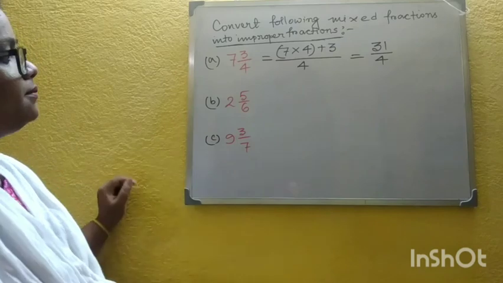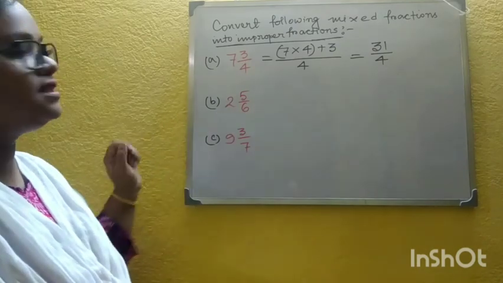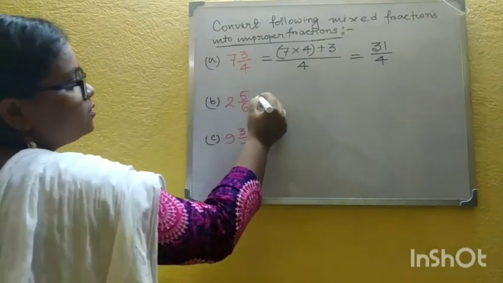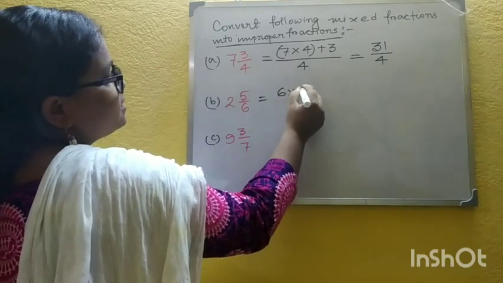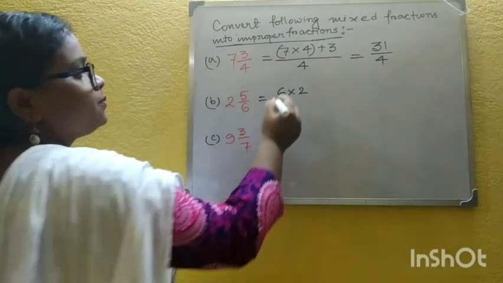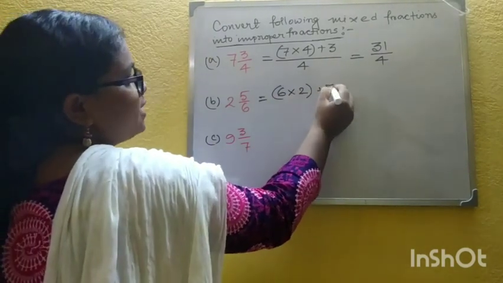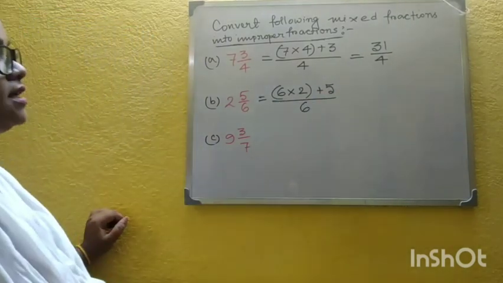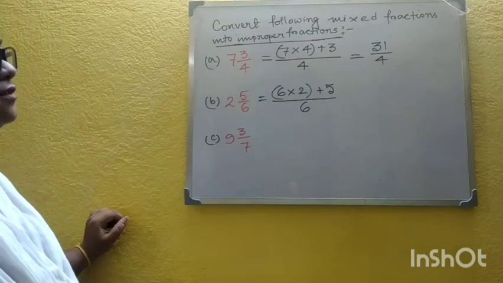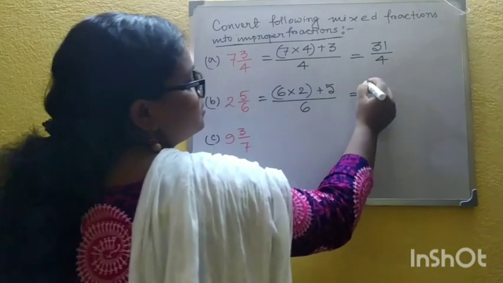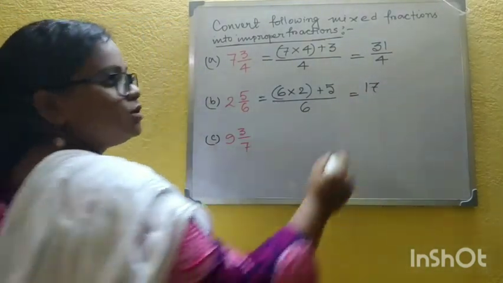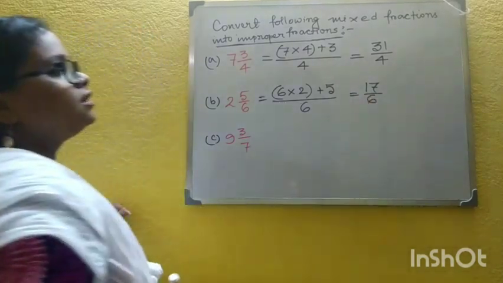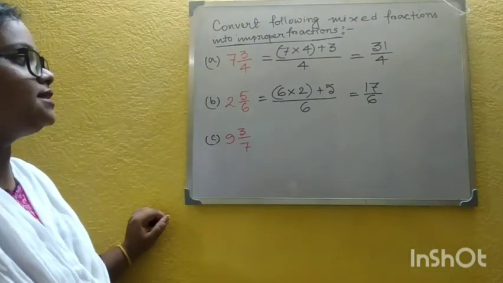In the next example, 2 and 5 by 6. Here also we will write 6 multiplied by 2 plus 5, divided by 6. Now 6 2s are 12. 12 plus 5 is 17. So the answer is 17 by 6.